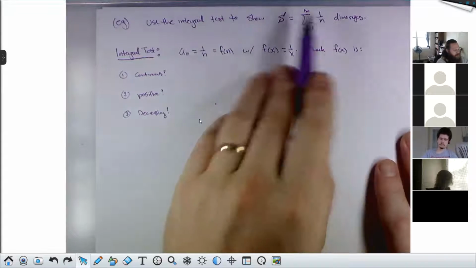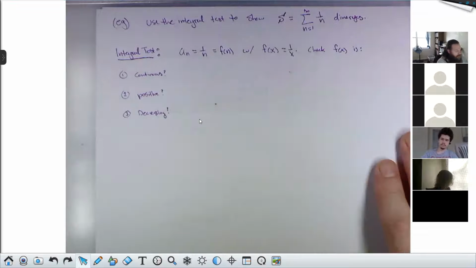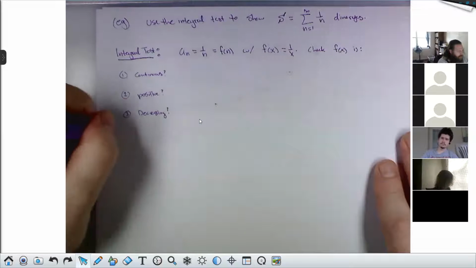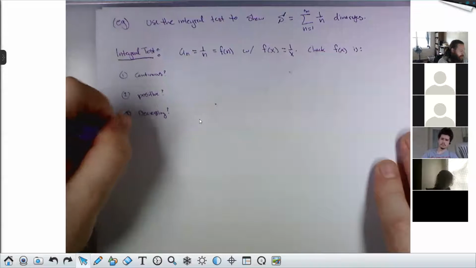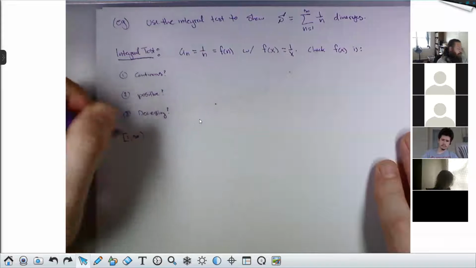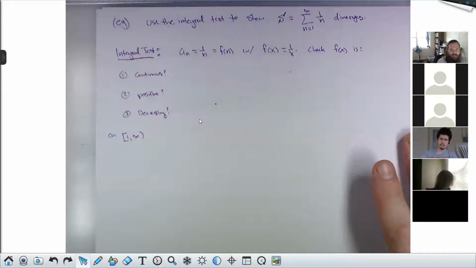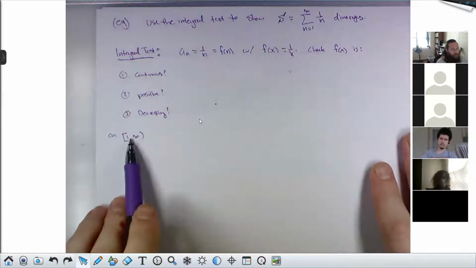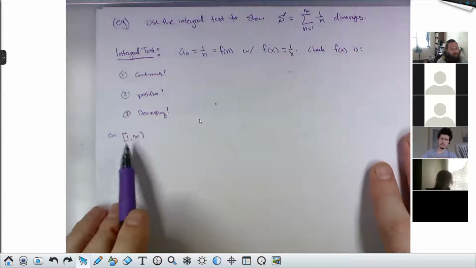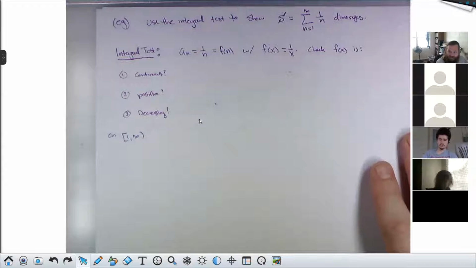I'm summing from 1 to infinity, so I'm checking these things on the interval 1 to infinity. And it turns out you can even relax that a little bit further. If the function isn't positive everywhere here or decreasing everywhere here, as long as it happens eventually and stays that way from some point on, we're okay. But we've got to check these.